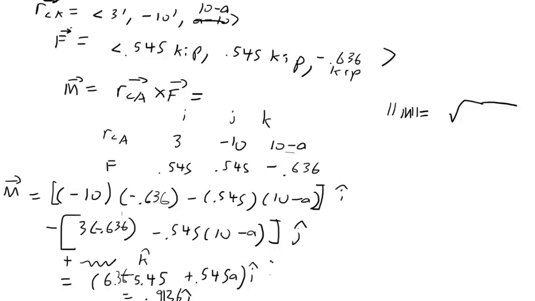So this is minus 6 times negative 0.636 minus 0.545 times 10. Oh, it's a very similar thing here.